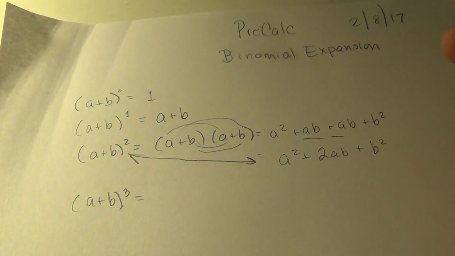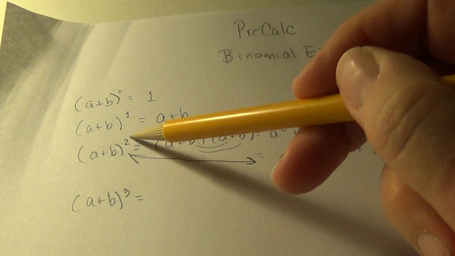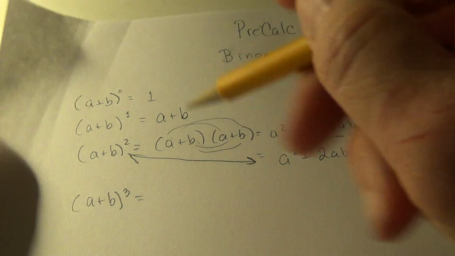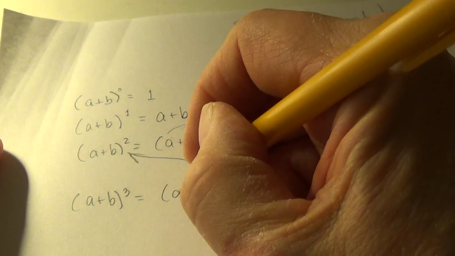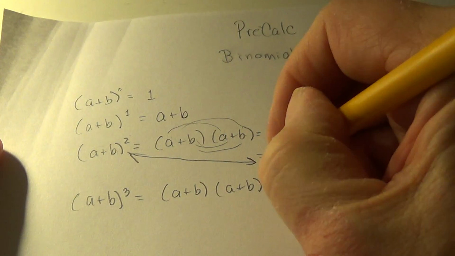Now, we're up to 3. What we're doing here is expanding binomials. We're going to raise it to successively larger powers. So, a plus b to the third is going to be a plus b times a plus b to the second.